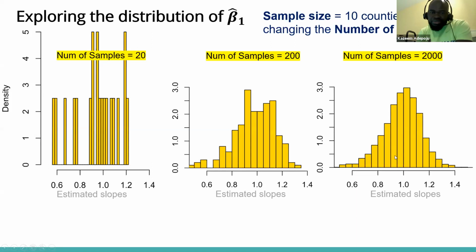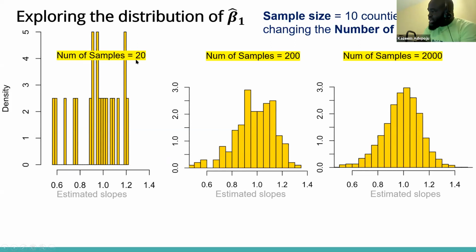Now, let me tell you something. What are we looking for? We are looking for a situation where the probability distribution of beta 1 will be normal. If you compare the 3 shapes that I have here, when the number was 20, look at what I have. This is not a sample size.